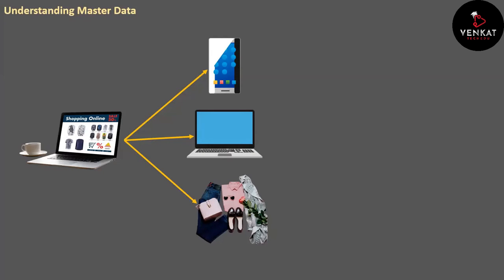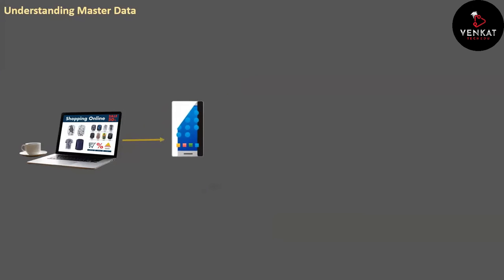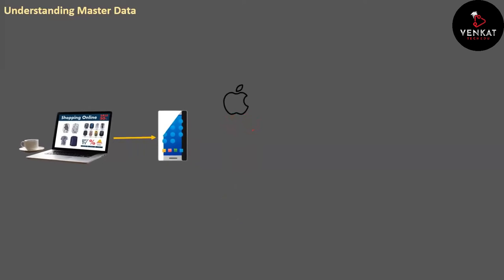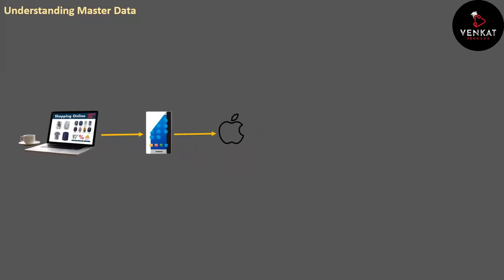Out of these three, I would like to take mobile. And in mobile, we have various brands like Samsung, Apple, Motorola, OnePlus, and so on. Out of that, I will take a very well-known brand, Apple.